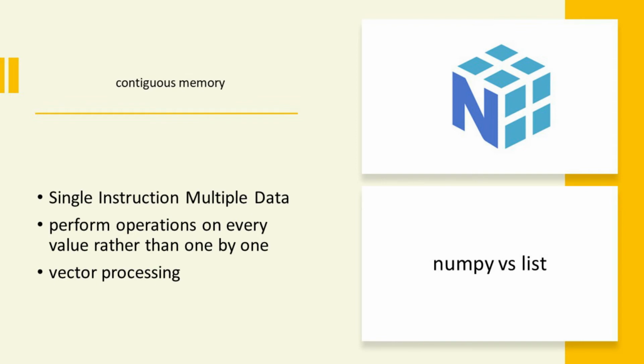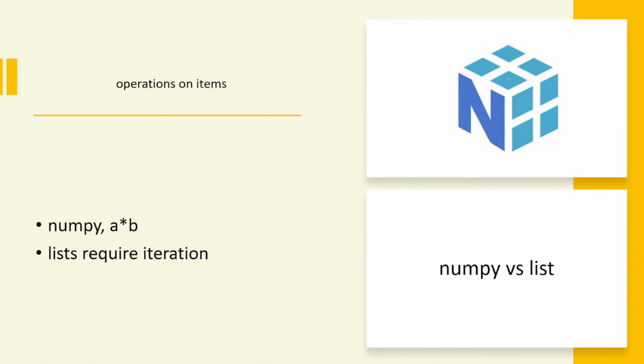Instead of multiplying each one as in a list, where you'd use a loop, with SIMD you could say multiply each number, or add a number to each of the 10. So you can perform operations much faster with this approach. But you need each item to be next to each other in memory to be able to apply it. So we can do that with the numpy array.